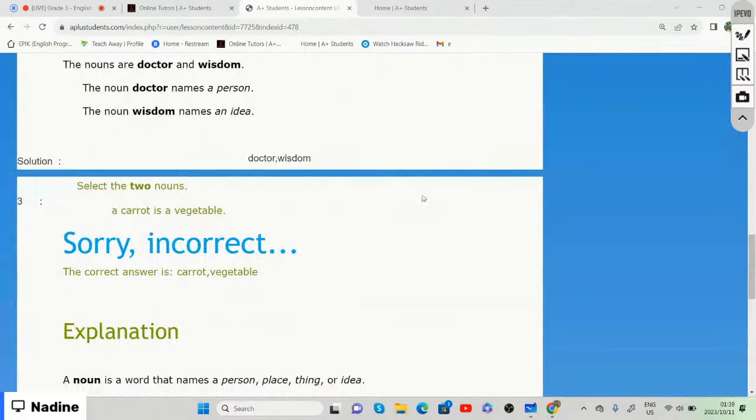A carrot is a vegetable. We need to select two nouns. So, a carrot is a vegetable.